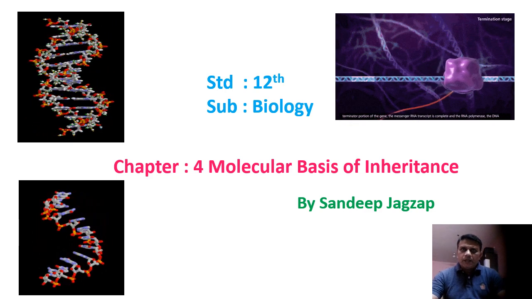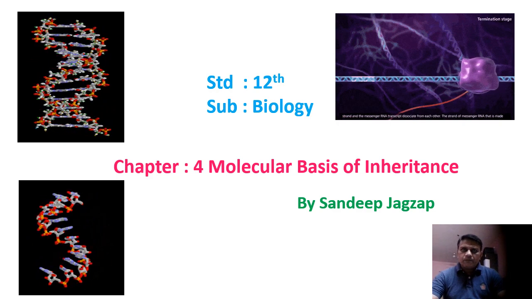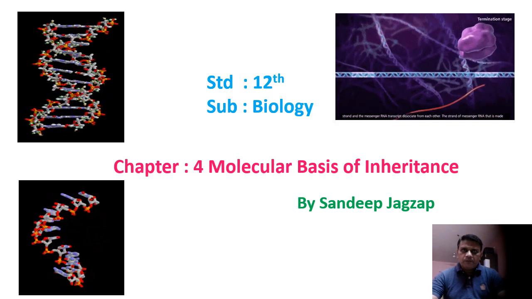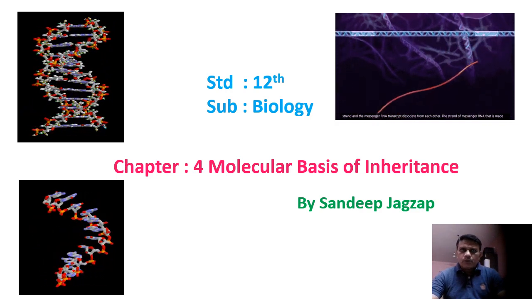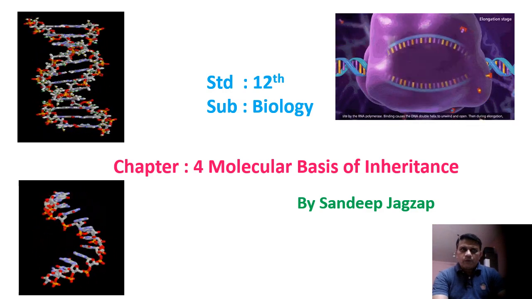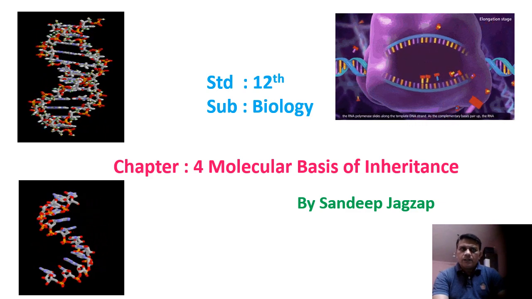So DNA during the process of cell division produces exact copies of itself or it duplicates. This process is called as DNA replication. So we are going to learn the process of DNA replication in stepwise manner.